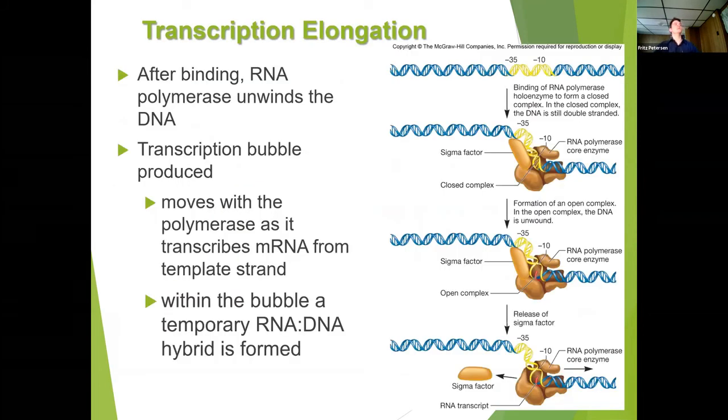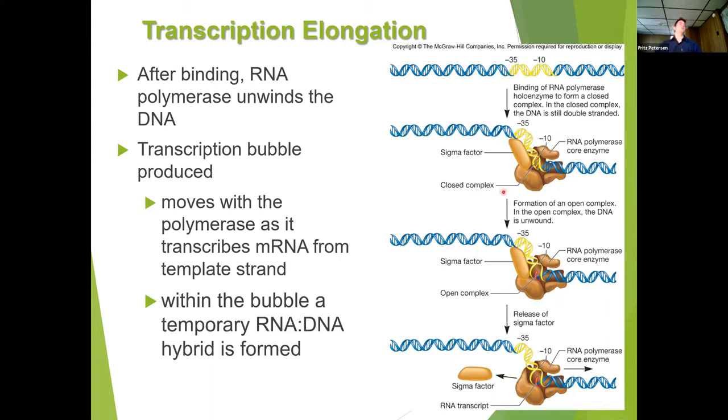Following initiation, we have elongation. Elongation is the stage where the RNA strand gets longer thanks to the addition of new nucleotides. During elongation, you can see here, this is your RNA polymerase. It is now bound to the DNA template and will walk along the template strand in the 3' to 5' direction, adding new nucleotides to your RNA.